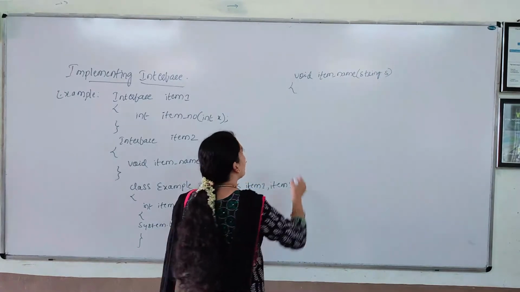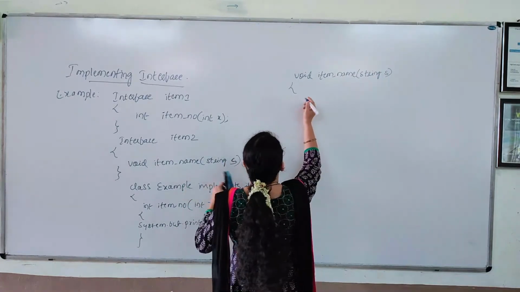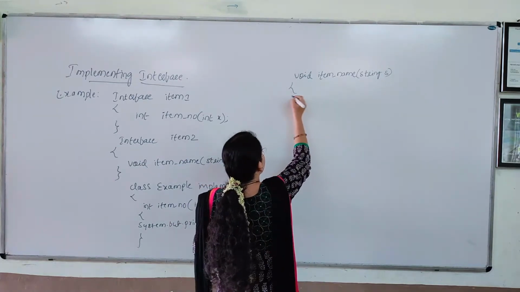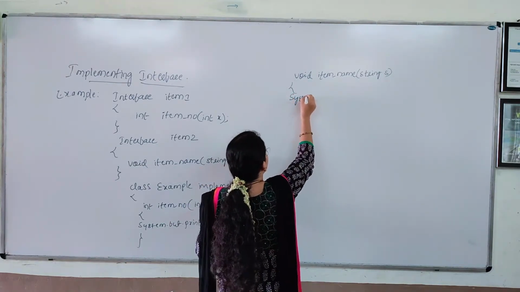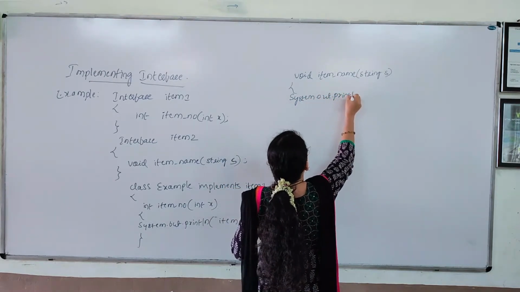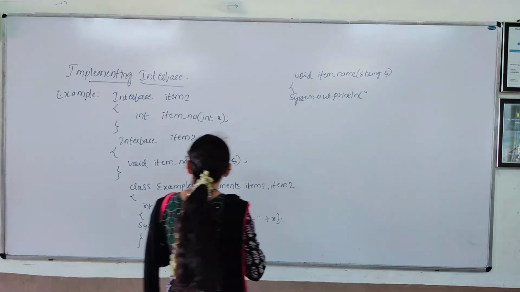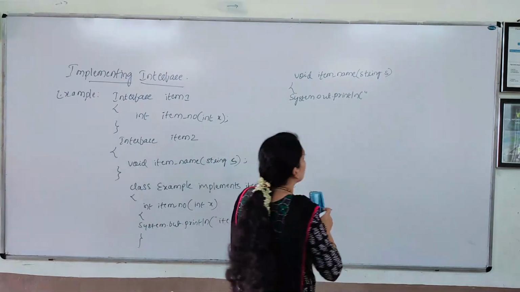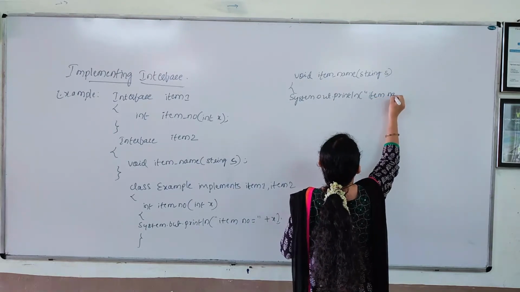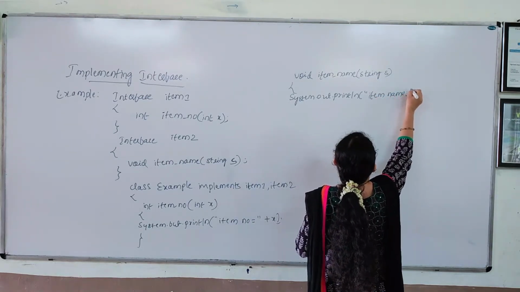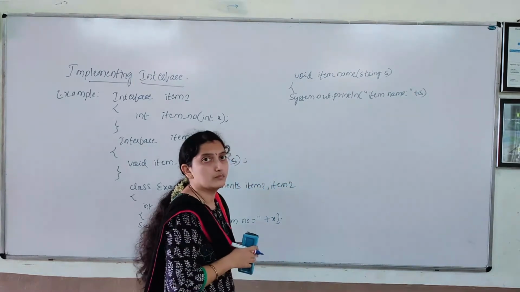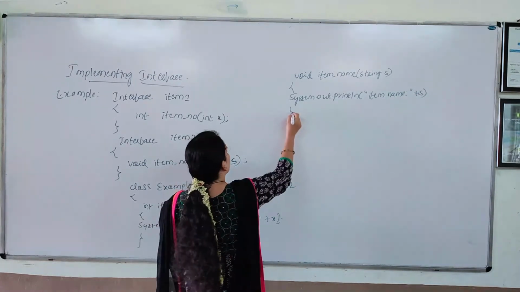In this method I will write one print statement, System.out.println, to print item name plus s.